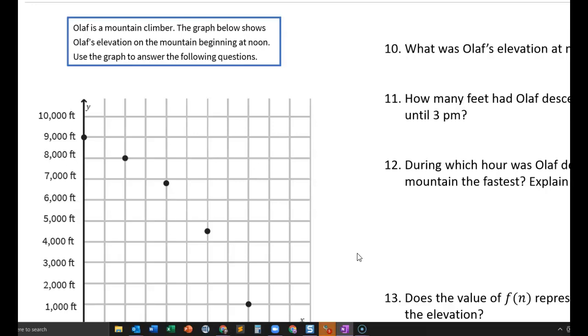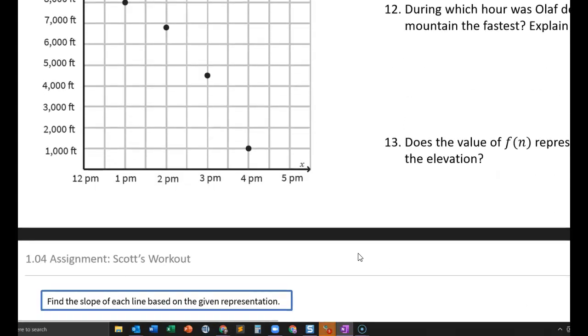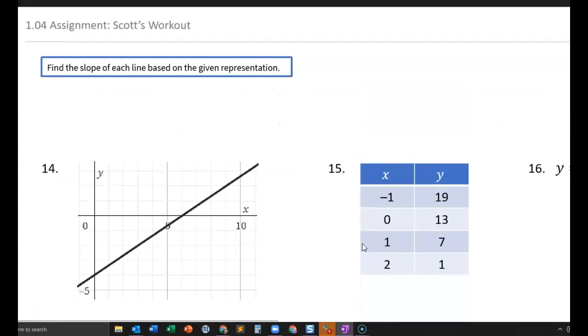And I'll let you look at this one. It's mostly just reading a graph. And we'll do one problem on this last one. Find the slope of each line based on the given representation. So we've got a graph here. And to figure out the slope on a graph, remember, we're going to start with a point that's at a cross section and go to the next cross section.